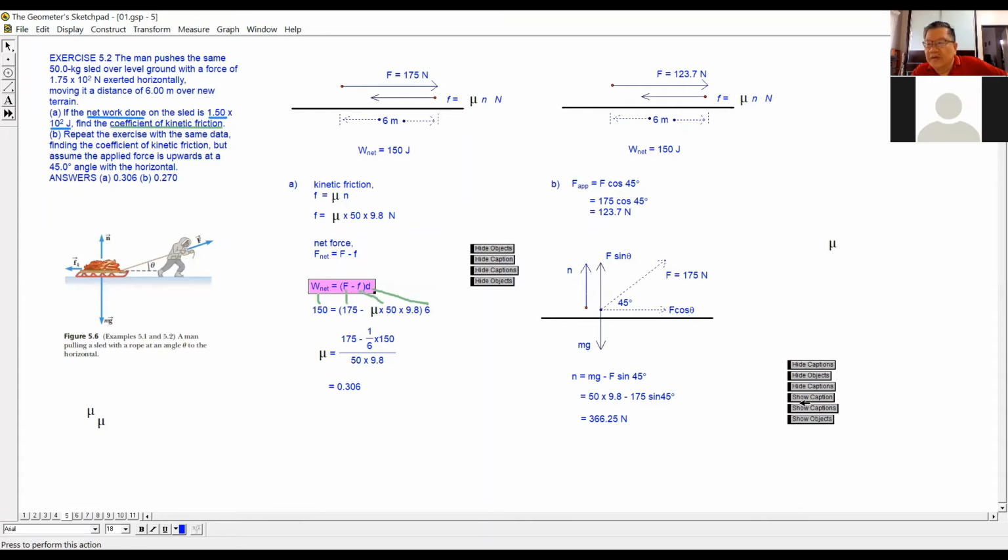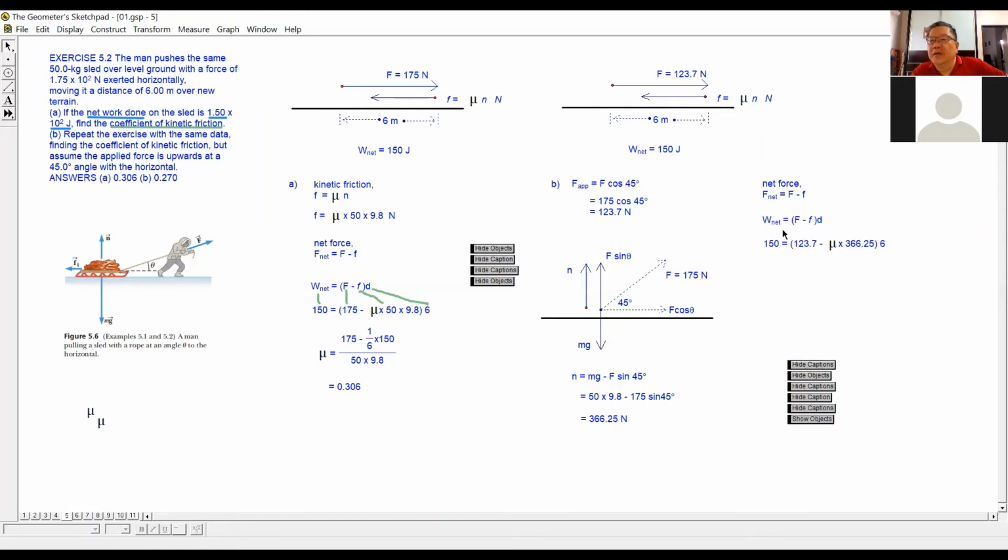So the net force is F, the capital F, minus the small f. And it is also the applied force component, the F cos theta, minus the frictional force. Then for the net work done, you just add a d behind, just add the distance of 6 meters behind.